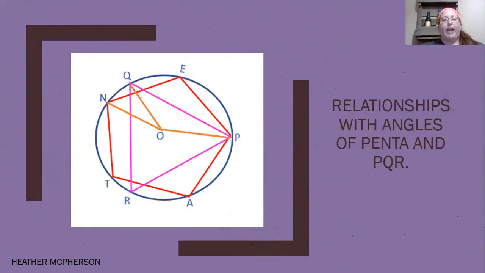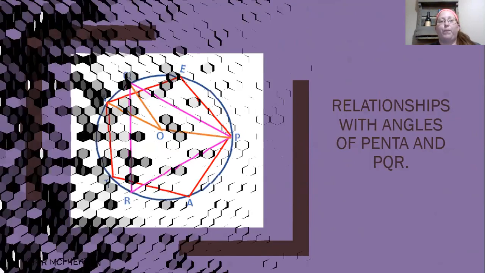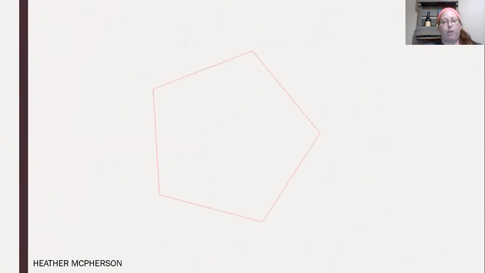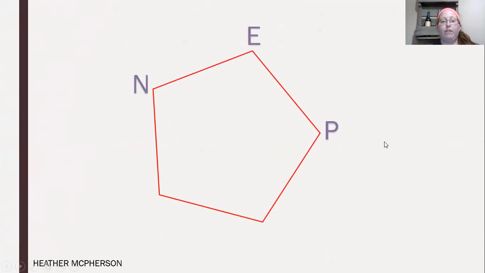Now we're going to look at some other shapes and the relationships with angles of PENTA and PQR. Well, what's PENTA and PQR, you ask? So here we start out with a pentagon, a polygon, and you have points P, E, N, T, and A. So here's PENTA.